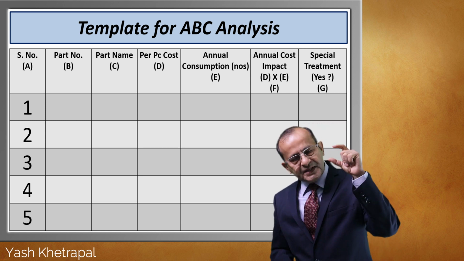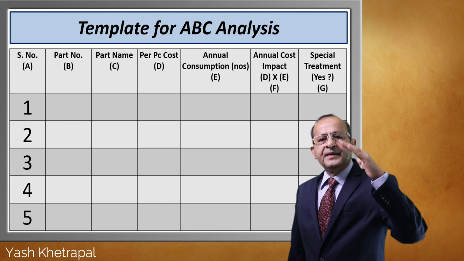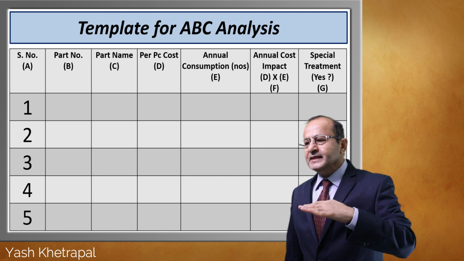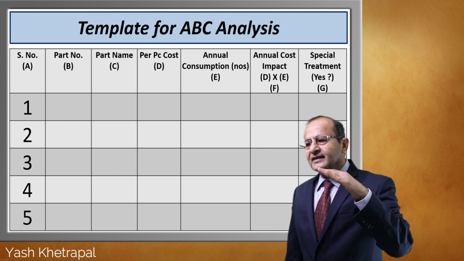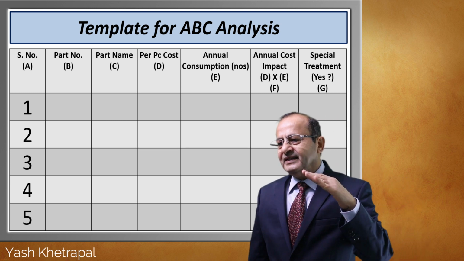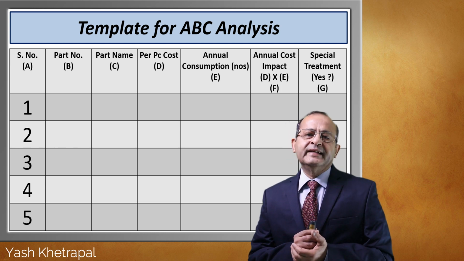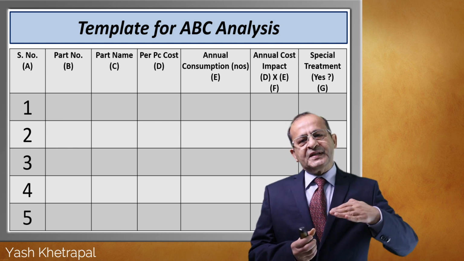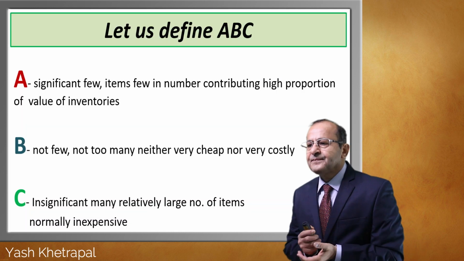Why? Because per piece cost is very high. So, two ways. One is purchase volume, and also control by importance as well as by exceptions. Importance is financial importance, exception is when per piece cost is high, right? Okay.